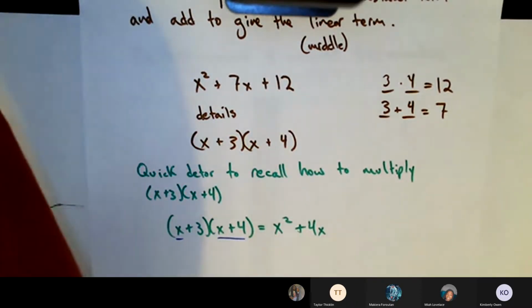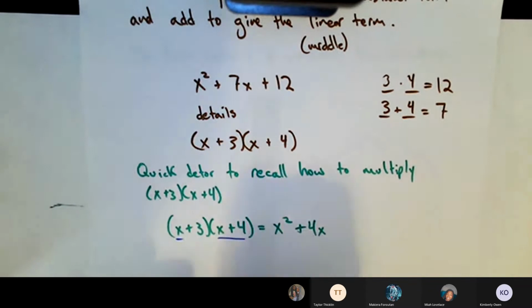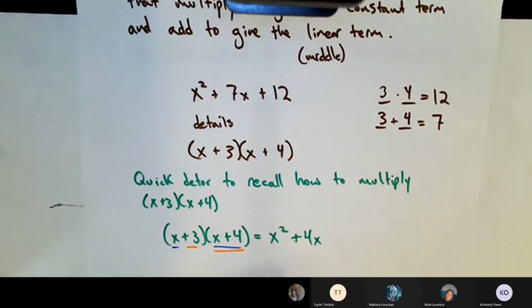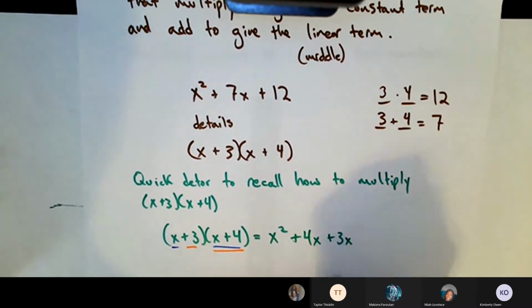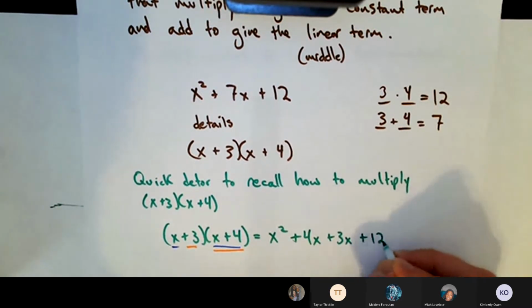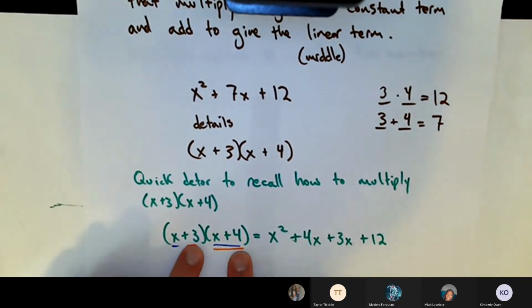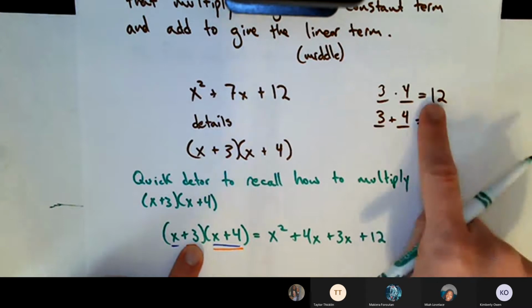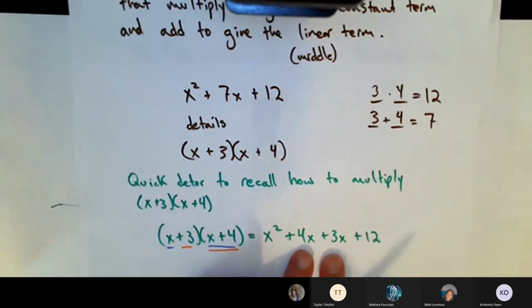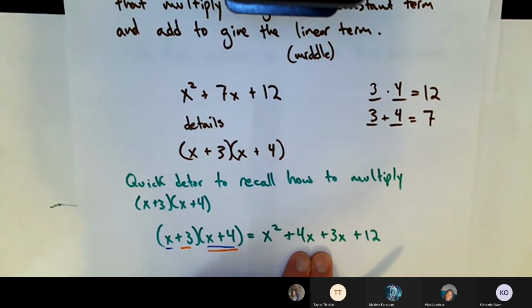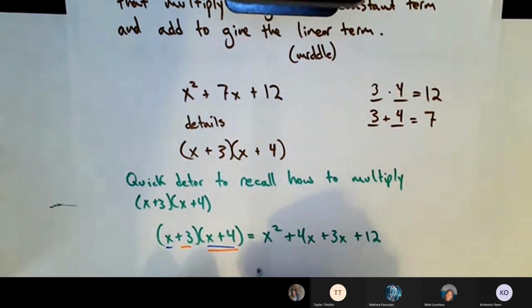And then I will send the positive 3 to both of these, giving me 3 times x is a positive 3x, and 3 times 4 is a positive 12. And now we can see how the 3 and the 4 were pretty important. With the 3 and the 4, I had to multiply to give that 12 at the back, and they ended up here pulling apart that linear term, and they need to add to give that 7 that we desired.